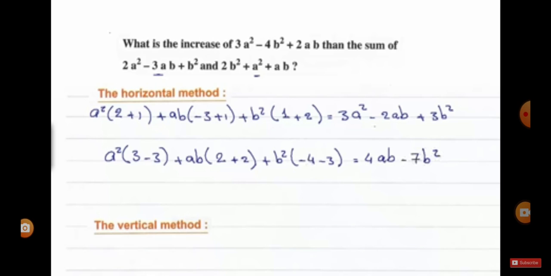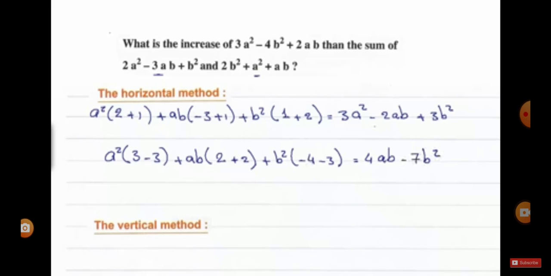Then I put a², open brackets 2 + 1, plus ab, first coefficient −3, second coefficient +1, close the brackets, then plus b², coefficient for b², 1 + 2. It equals 3a² − 2ab + 3b². Then I get the result of the sum of the second and third expression: 3a² − 2ab + 3b².